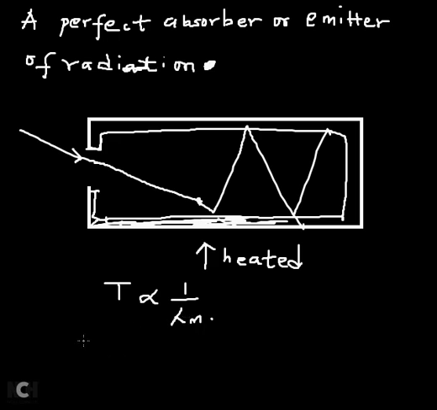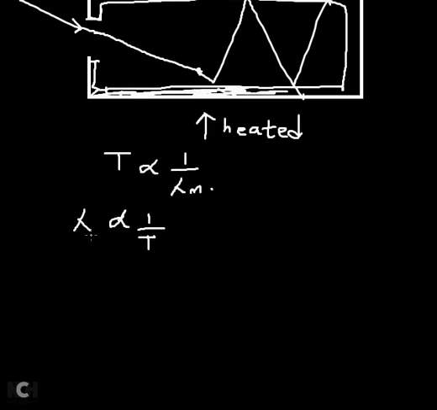It means that the wavelength is inversely proportional to the temperature. The more you increase the temperature, the lesser wavelength you have. At a higher temperature, you have less wavelength. At a lower temperature, you have a higher wavelength.